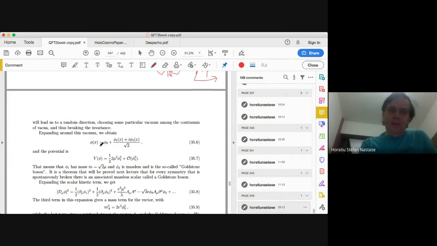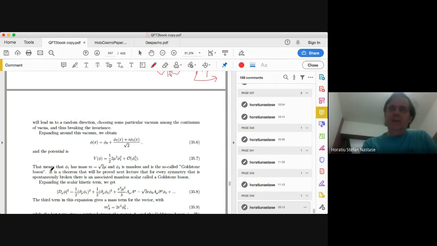But then also the potential becomes, I write it as 1/2 times 2 mu squared phi 1 squared plus nothing at quadratic order in phi 2, then plus third order in phi. So that means that phi 1 has mass square root 2 mu, and phi 2 is massless. And this phi 2 then is called the Goldstone boson associated with the symmetry breaking.